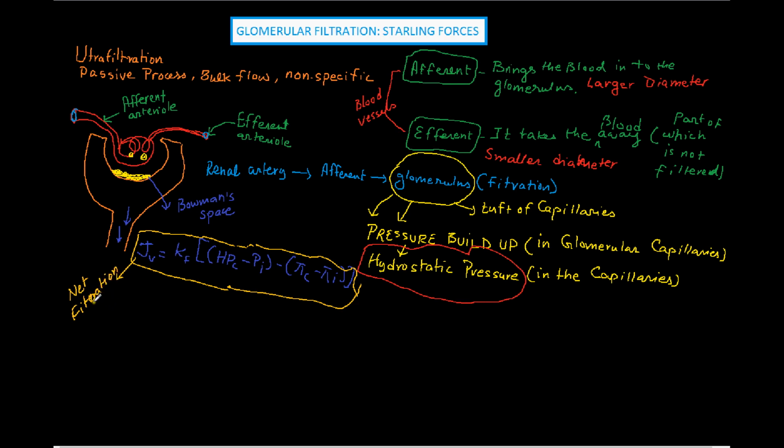Okay, that's an R. So net flow. Okay, and KF is what? It is the vascular permeability coefficient.